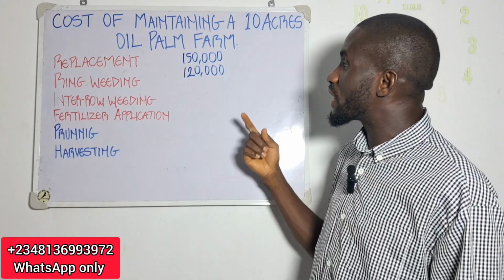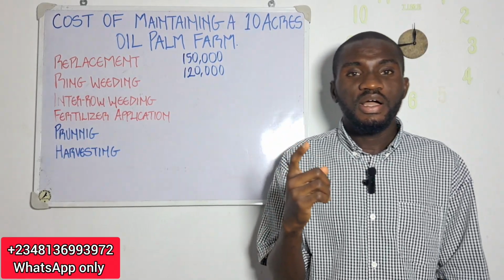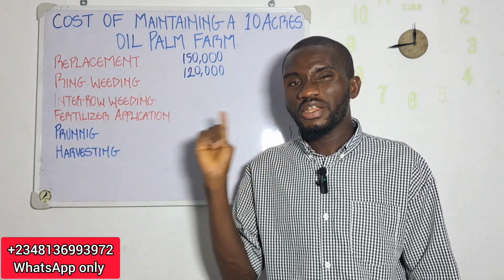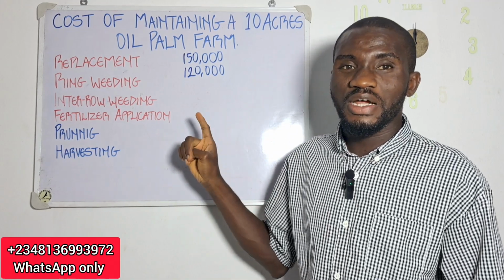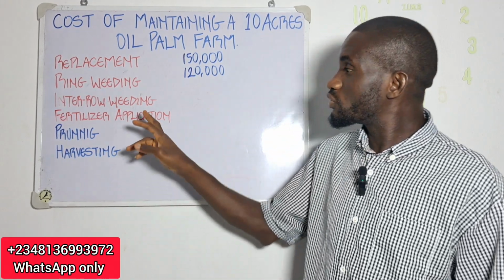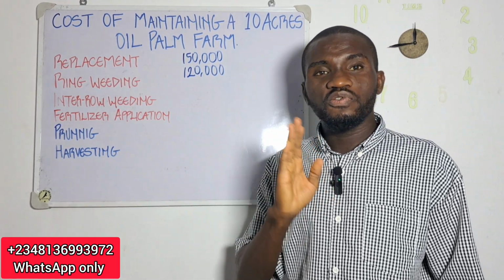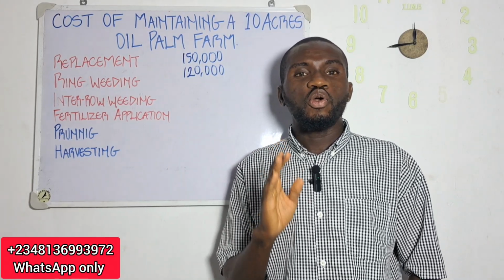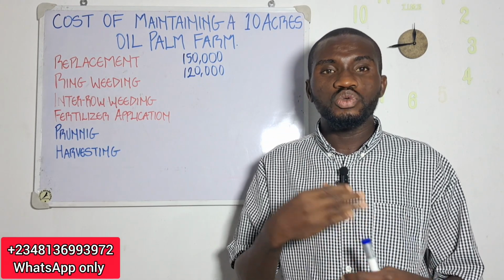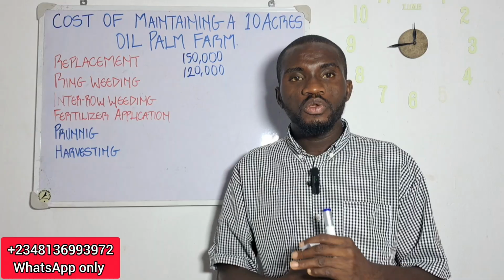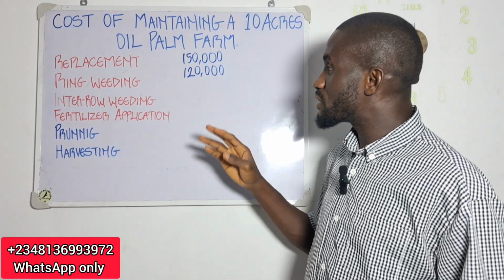You'll be spending around 300,000 naira to 400,000 naira at once, and you have to be doing this 3 to 4 times in a year, according to the rate at which weeds are growing on your farm.